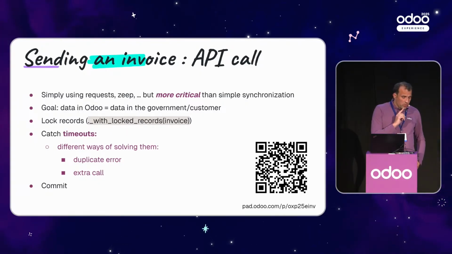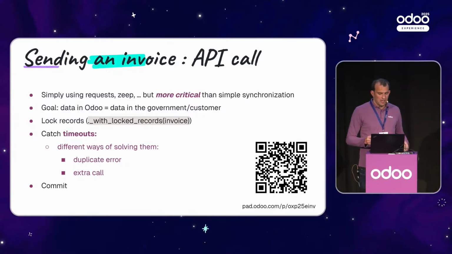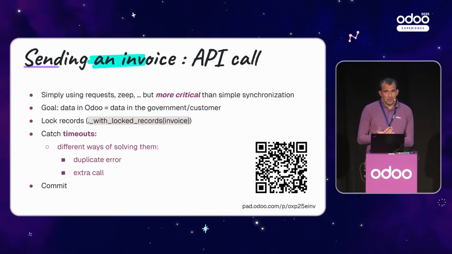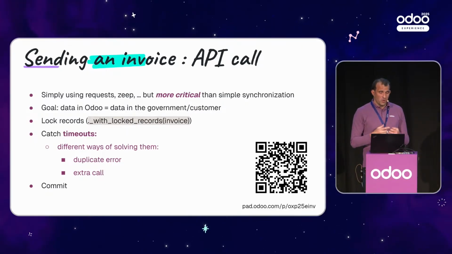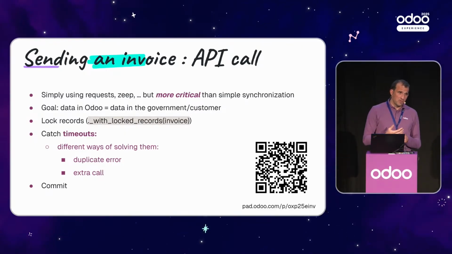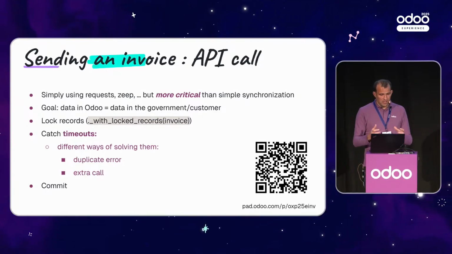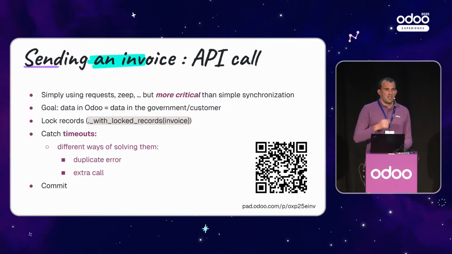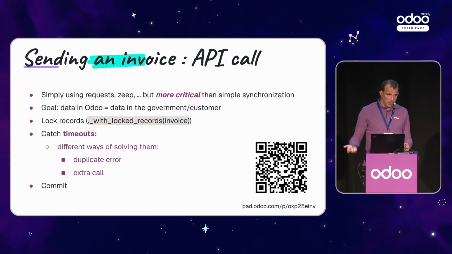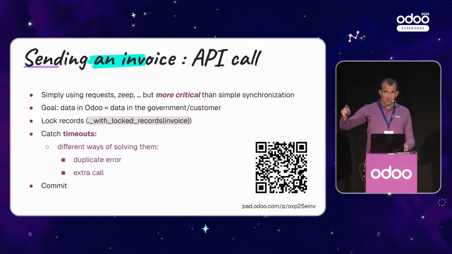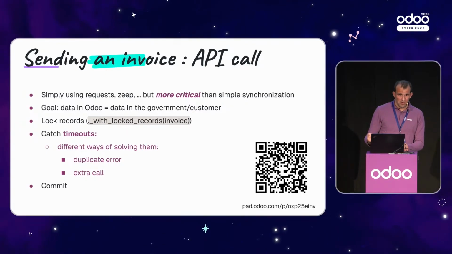One thing that's also important is timeouts. There is not a lot you can do against it, because when you make a connection to a server, you specify a timeout, and security people, server people will say, look, keep the timeout short to not lock up resources. And there you have to do something, because it can always happen that you send something to the government, the server thinks it's okay, but you have never received the response.